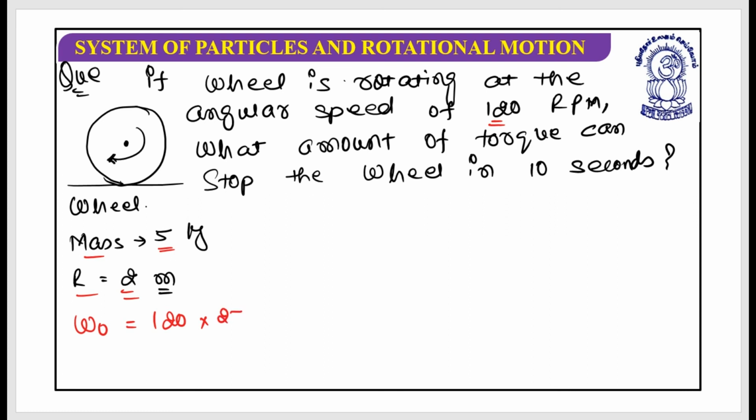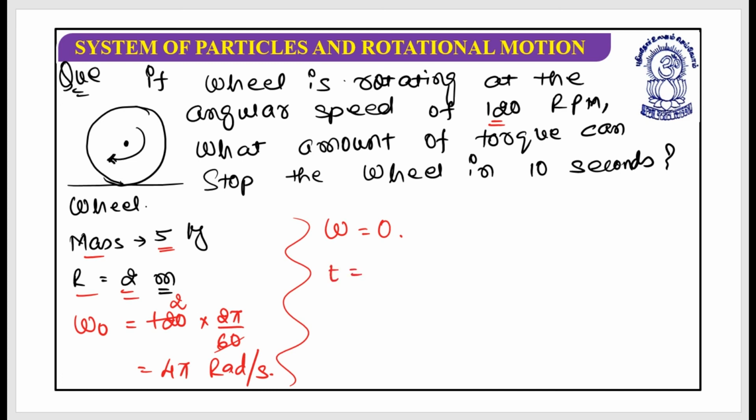So let's multiply this by 2 pi by 60. 60 twos are 120, so this is 2 pi, 2 twos are 4 pi radian per second. This is omega naught. The final angular velocity would be 0, so omega equals 0. Now I have been given the time as well: t equals 10 seconds.